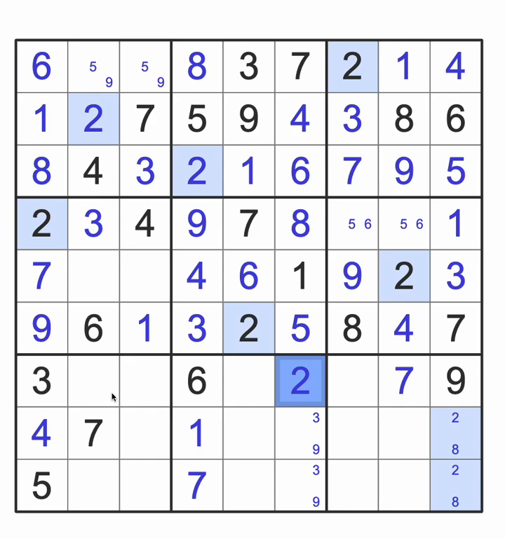And now looking at row 7 and box 7. Box 7 has 4 and 5.